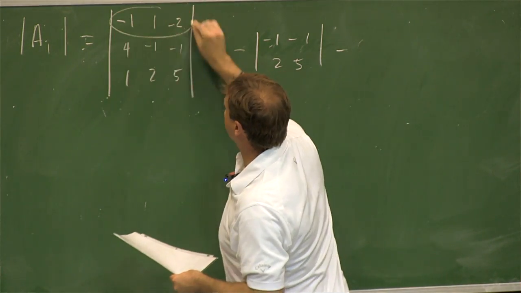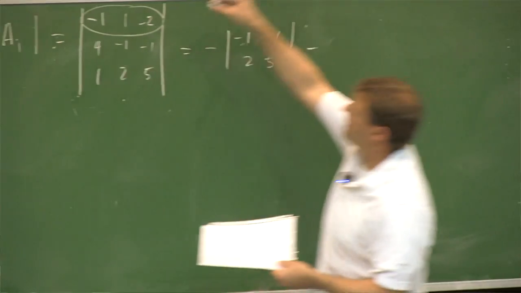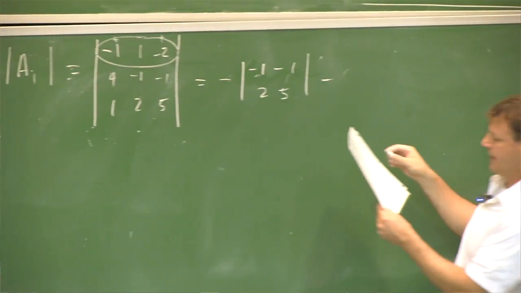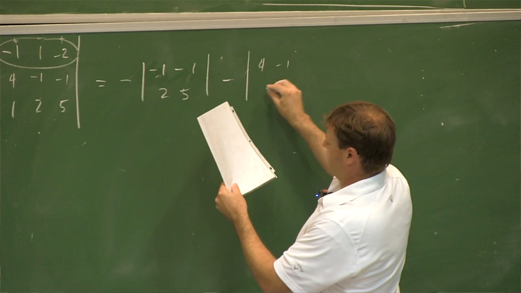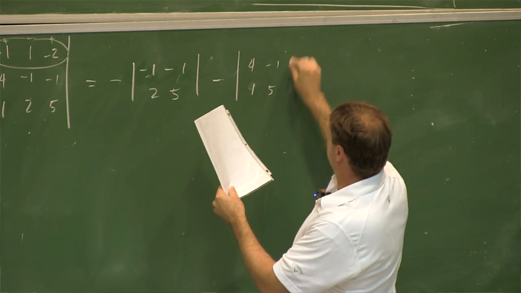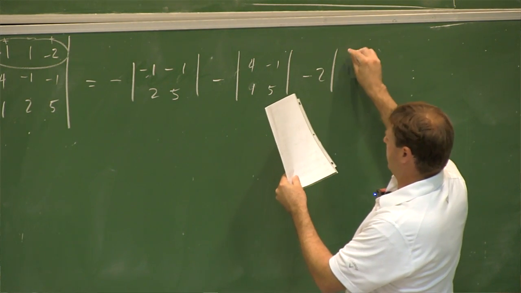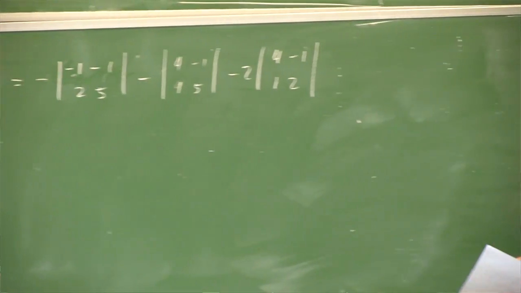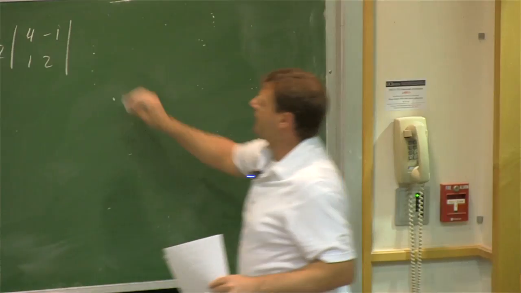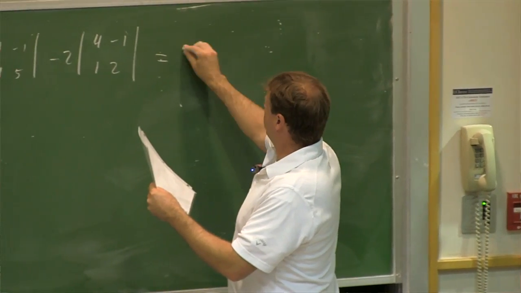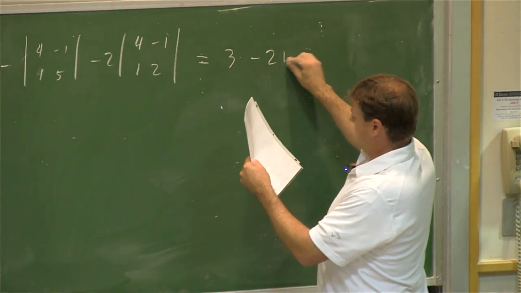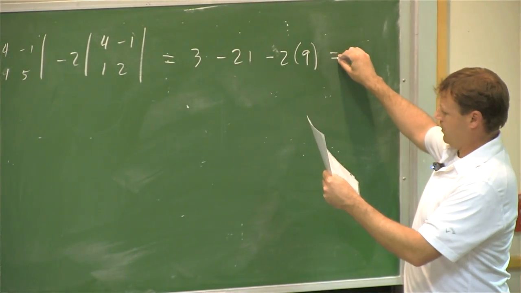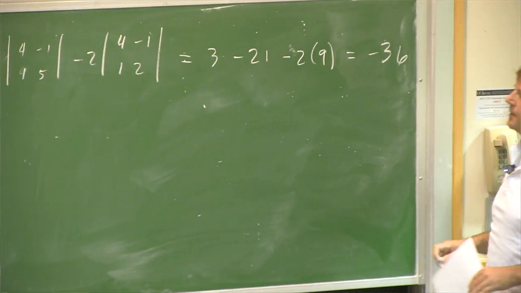Again, I'm going along the first row, so the pluses and minuses are always the same. It's plus, minus, plus. See if you believe me while I'm doing it. That's the cofactor expansion along the first row, and that's equal to 3 minus 21 minus 2 times 9, which is negative 36.